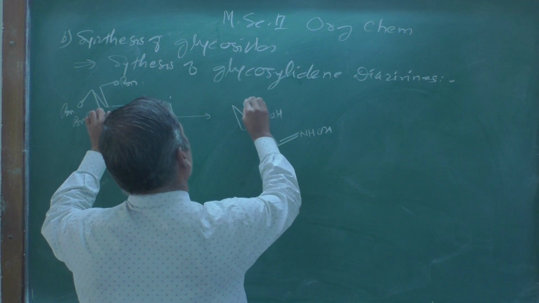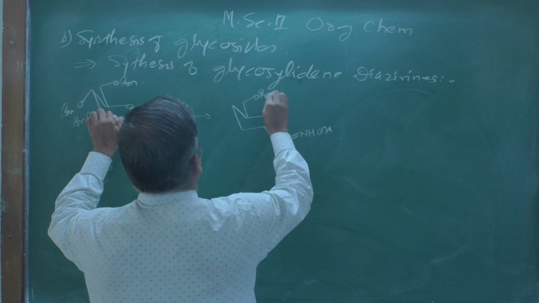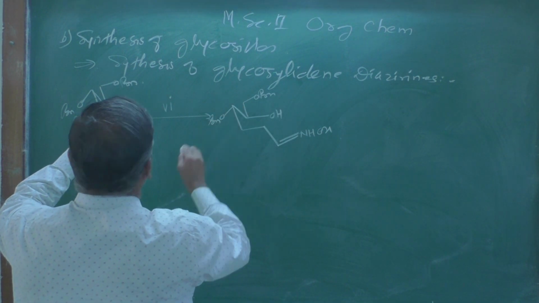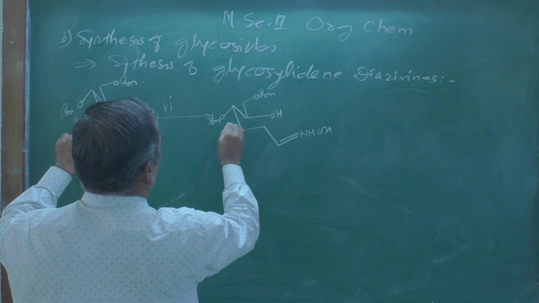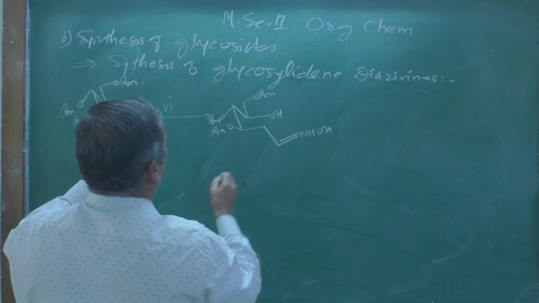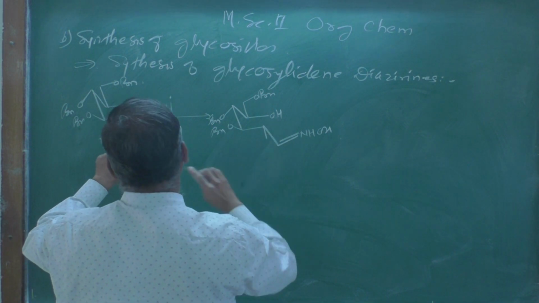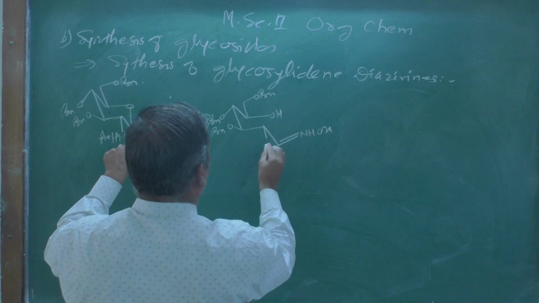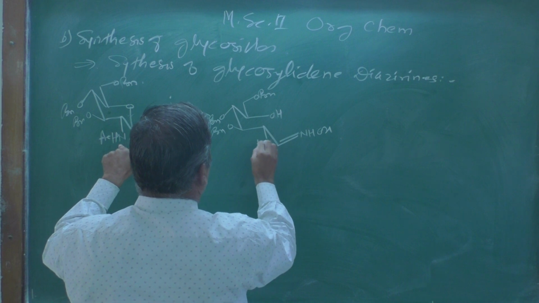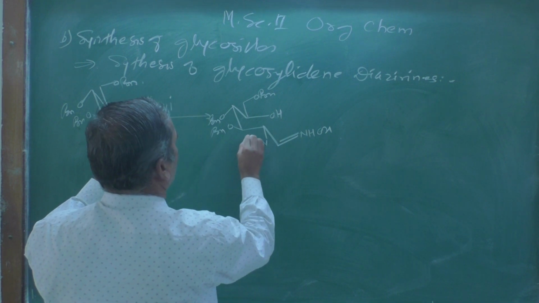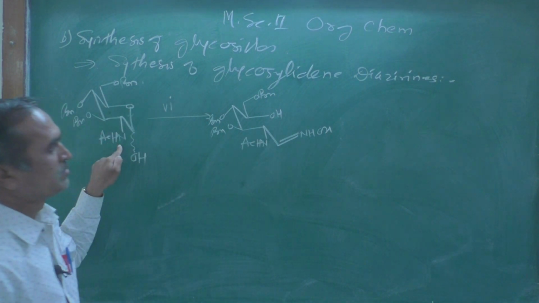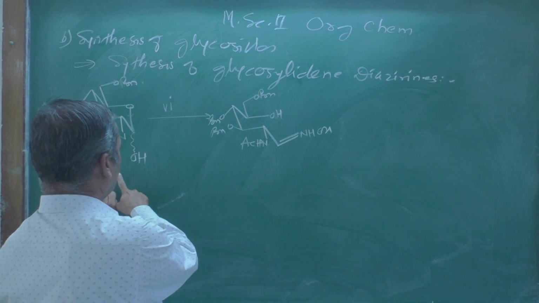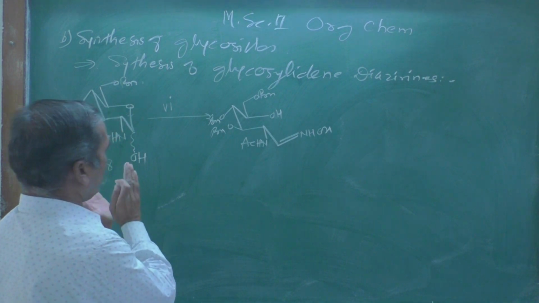So you can write it as it is, OBN, then here also OBN, then here also OBN, and now this group also, and all these remaining groups are lying at equatorial position, so you can show it properly. And this structure is now structure number 8.